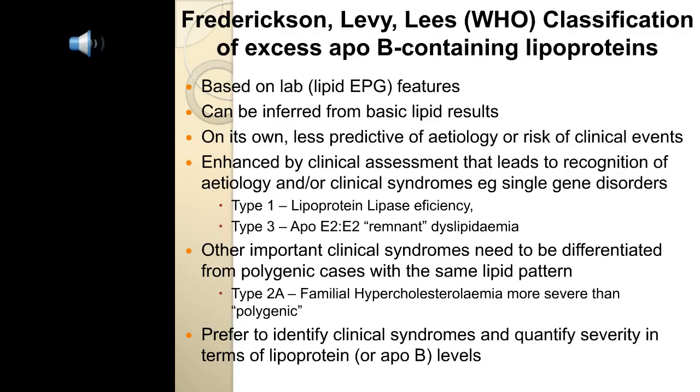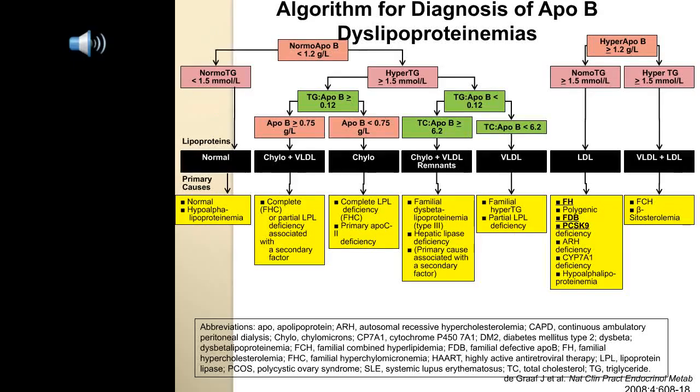And so the emphasis nowadays is to try to identify the clinical syndromes and to quantify their severity, and this will often hinge on other measurements such as LDL, quantitative LDL, non-HDL cholesterol, or most importantly ApoB.